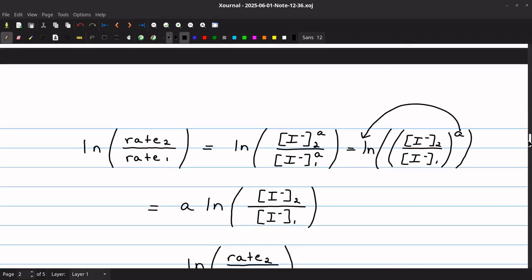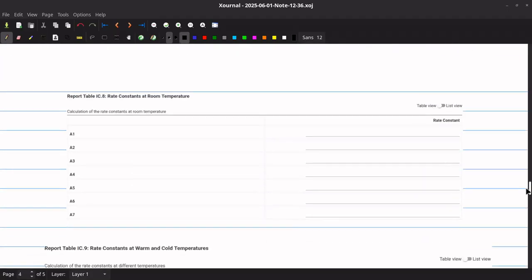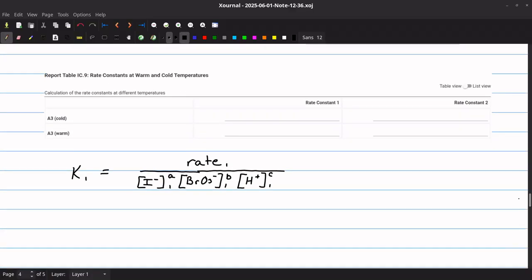So we're just going to work that equation backwards to do all of these, where the K is just going to be the rate divided by all of their initial concentrations with their order values that we've established there. Make sure that you're using the whole value numbers for that.